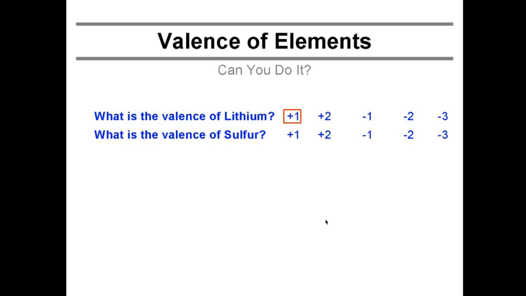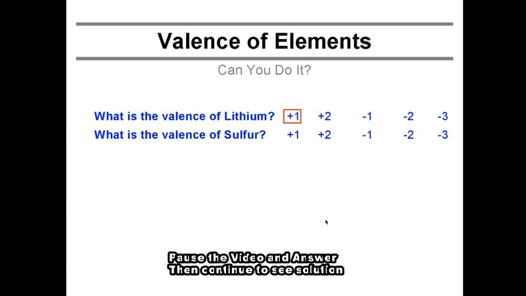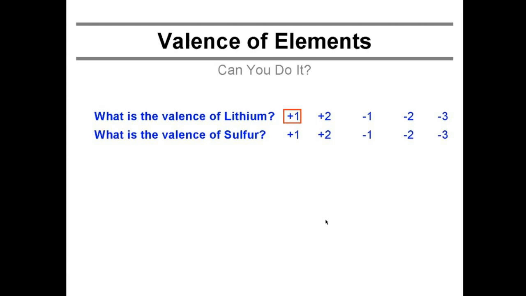What about sulfur? Okay, find sulfur. What we need is all the dots in the outermost shell, and then figure out whether it would gain or lose something. And here we go. For it, it's easiest to gain 2. So -2 would be its valence. Valence of oxygen. Take a look at oxygen, see if you can figure this one out.